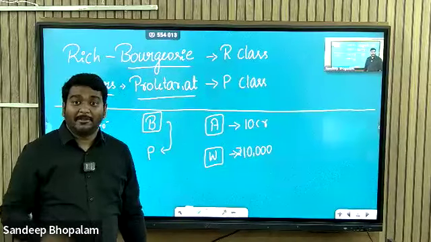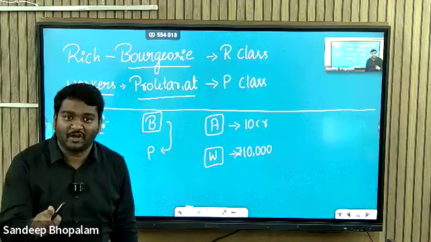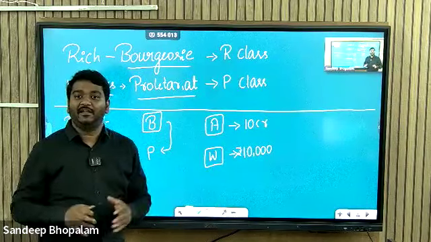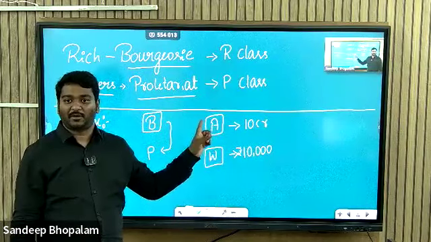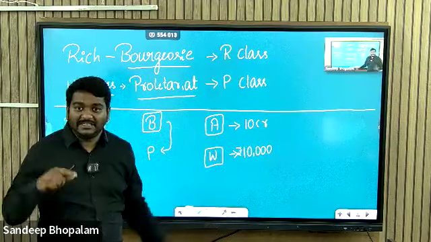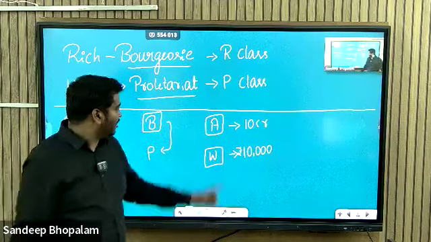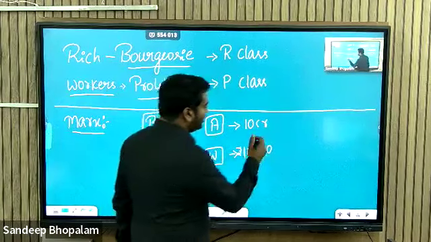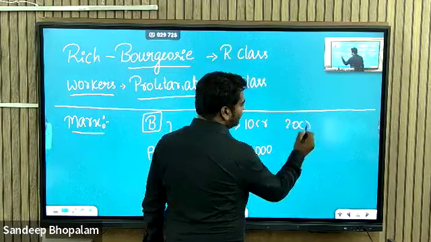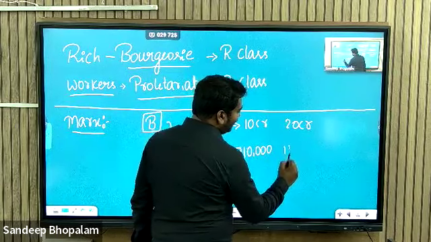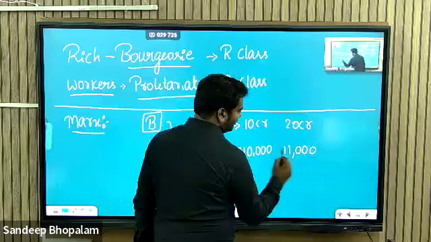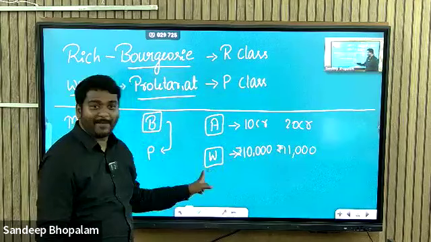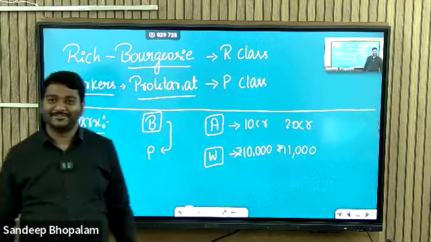The worker. The person who produced it is getting 10,000, but the person who is sitting is getting 10 crore. The second year, 10 crores became 20 crores and the salary became 11,000.